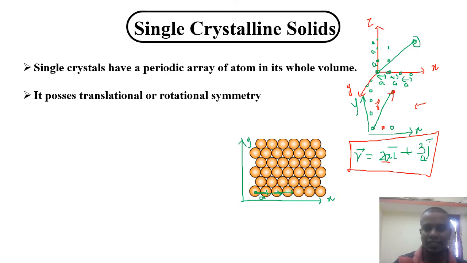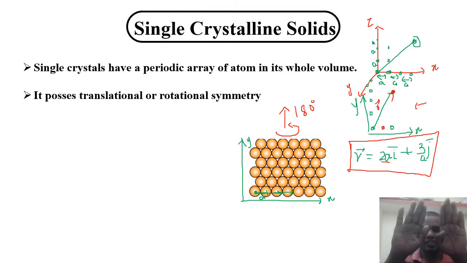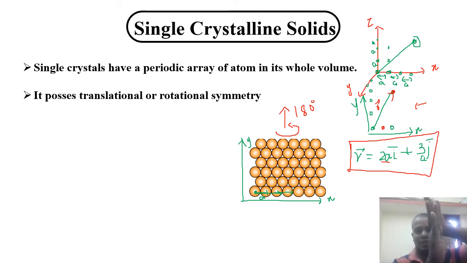What does rotational symmetry mean? Suppose I rotate this crystal system by 180 degrees about this axis, it will remain the same structure. But if you rotate 90 degrees, you can't see the atoms, since it's a 2D lattice. First, initially it will be like that. If you rotate 90 degrees, it will be a line. If you look like this, it will be a line.